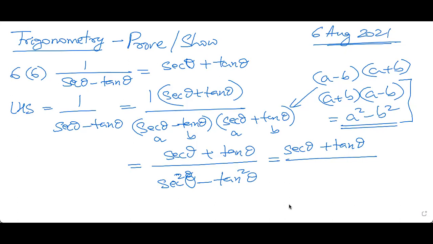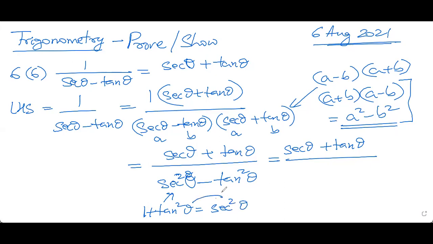minus tan square theta? Think of the new identity that we studied in this chapter. Correct. Prachi has already given the correct answer. We have studied that 1 plus tan square theta equals sec square theta.